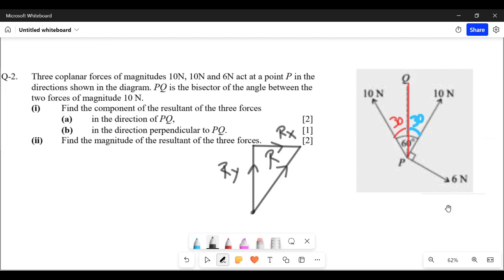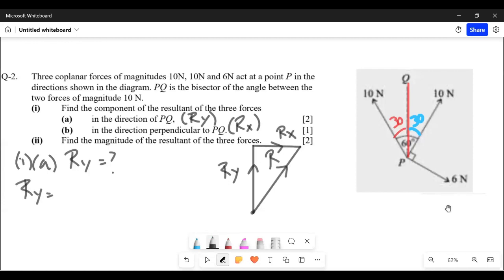So they're asking for the Y component of R and the X component of R in the next part. So this is Ry and this is Rx. In part 1A, they're asking for Ry.